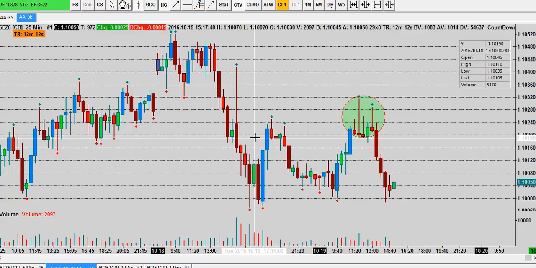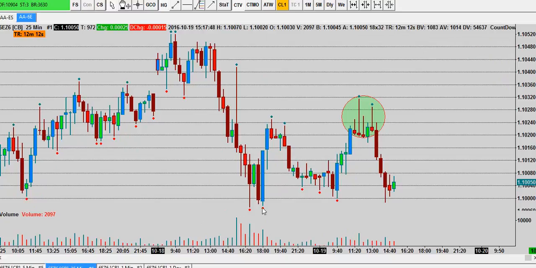As you can see here on the 25-minute chart, a range has formed here by these 2 low pivots, which are an area of support, of course, and these 2 high pivots that form an area of resistance here.